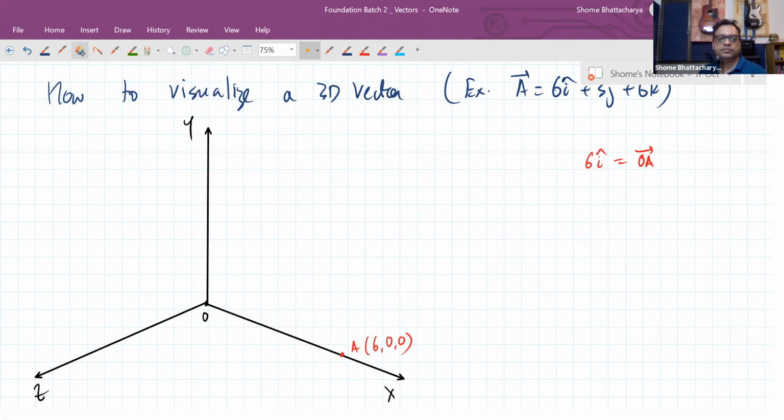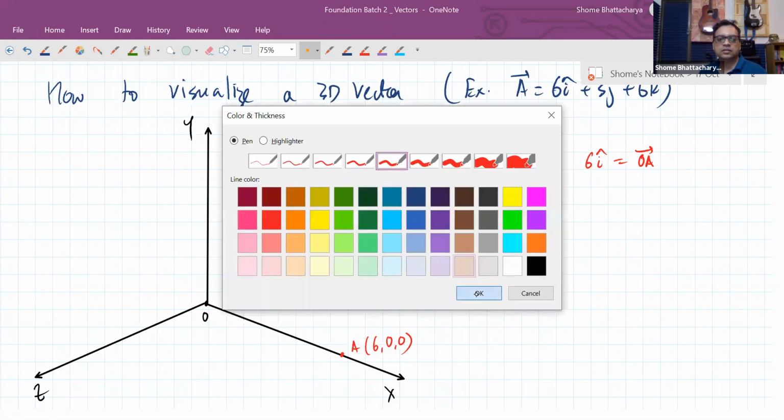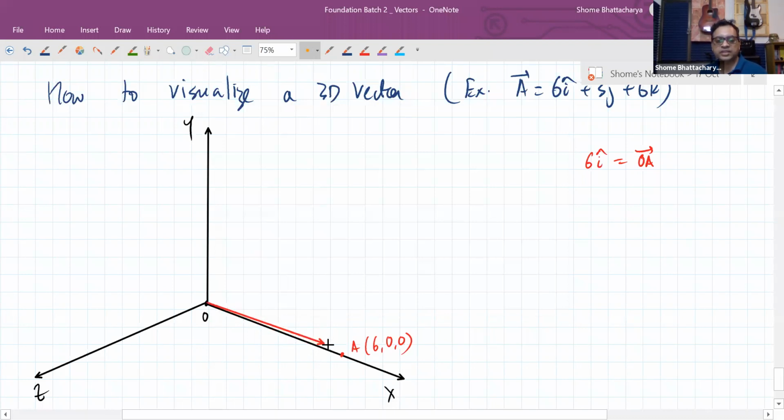So we can visualize this vector 6 i cap, or in general Ax i cap, as this line. This is the vector OA, which is nothing but 6 i cap.